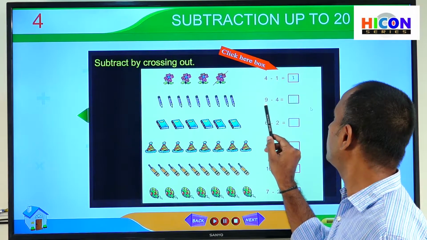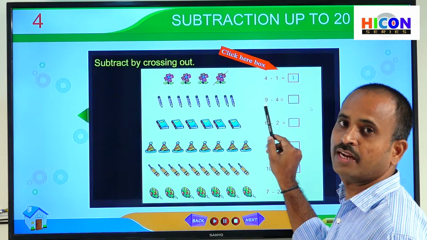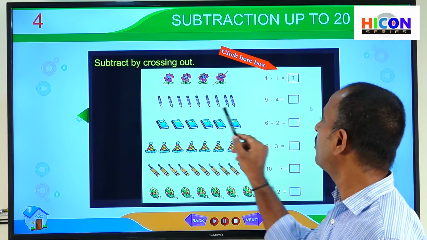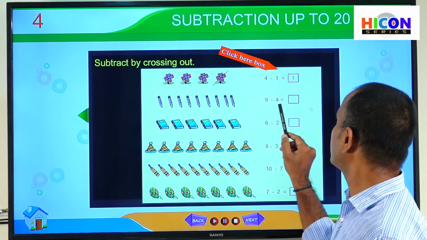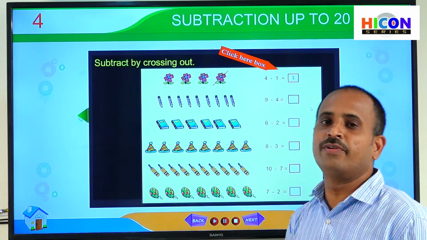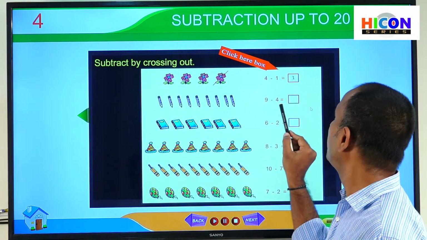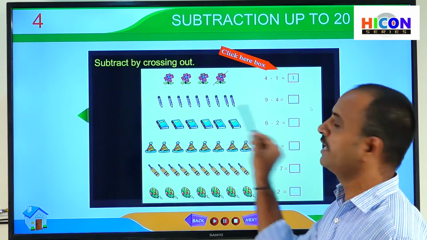That's why they have given the first number as 9. The first number in the subtraction represents the total number of pencils given. Next, what is the second number? 4. That means we have to take away 4 pencils from these 9 pencils.